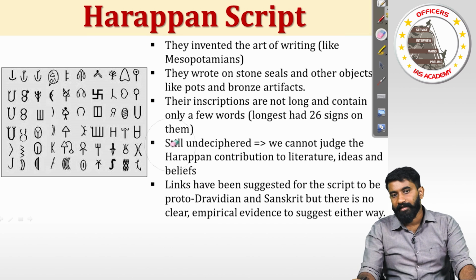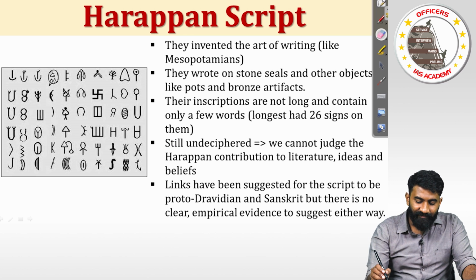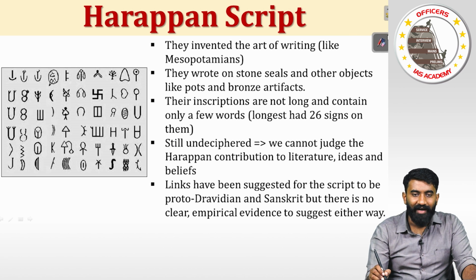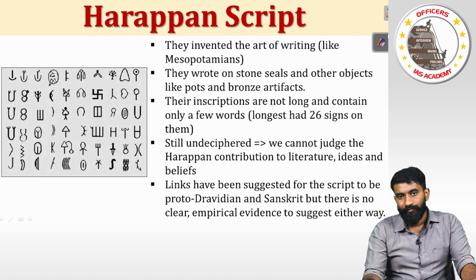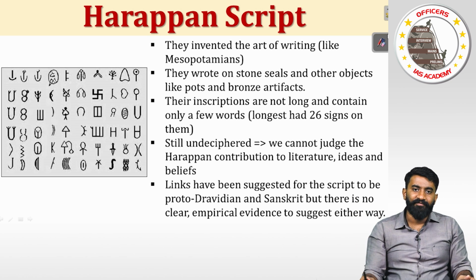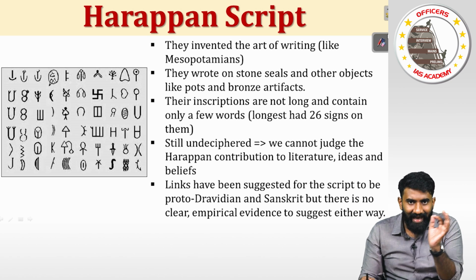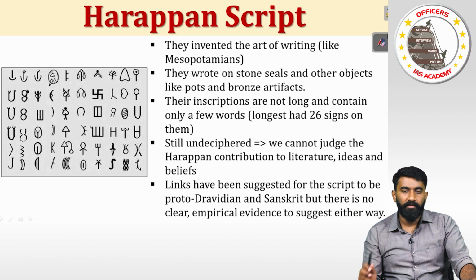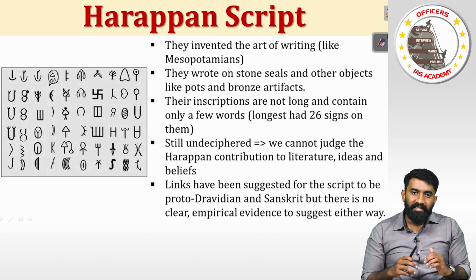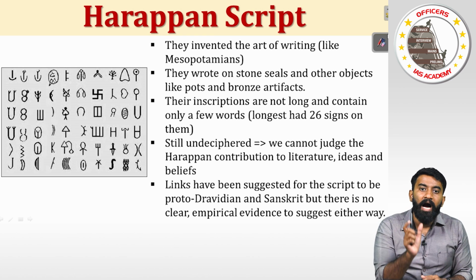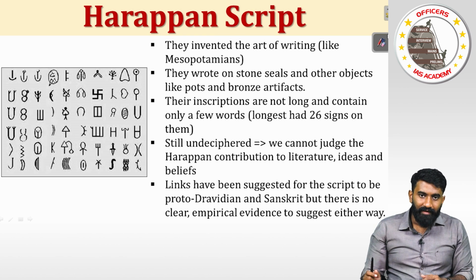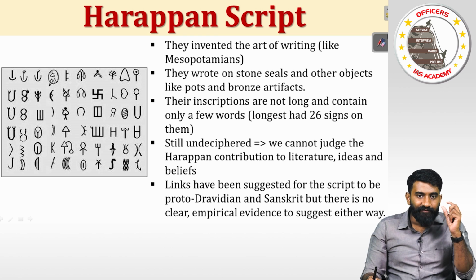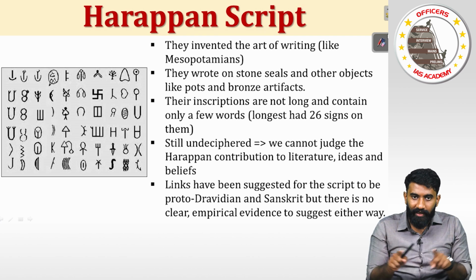Harappan, not a lot of writing. There is in fact a very minimal amount of writing. The longest sentence itself contains only 26 characters, not more than that. And these are found primarily on Harappan seals. The Indus script is found primarily on the seals only.